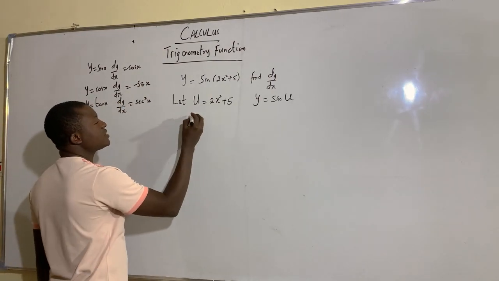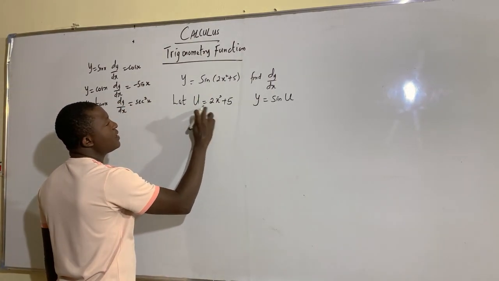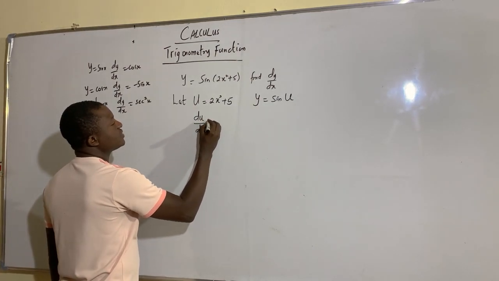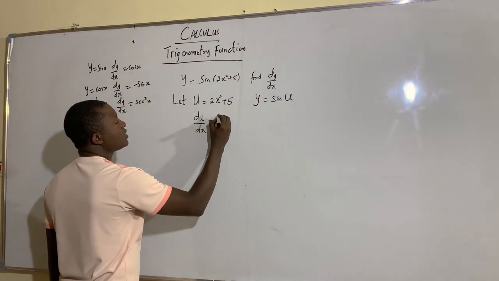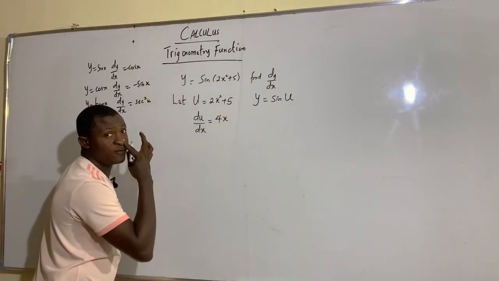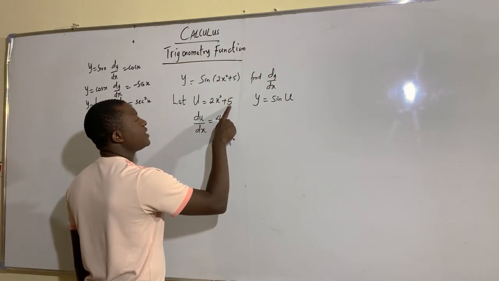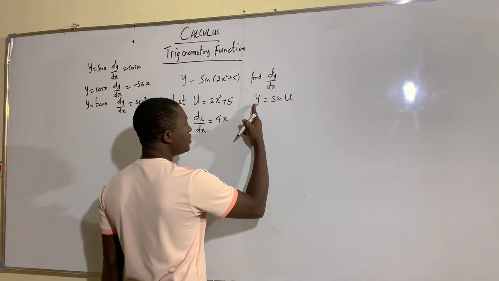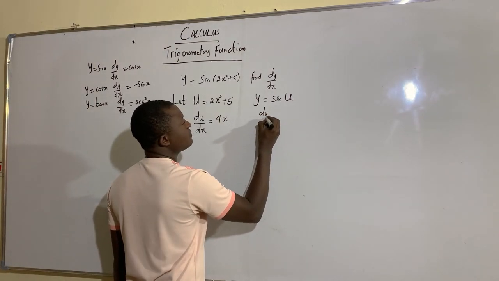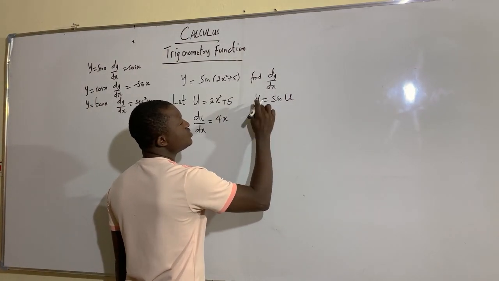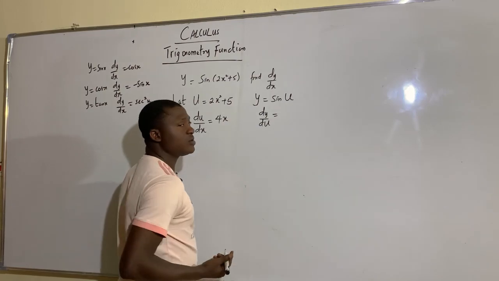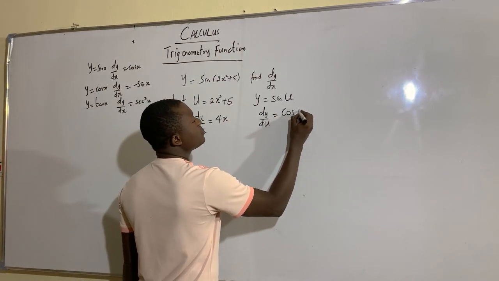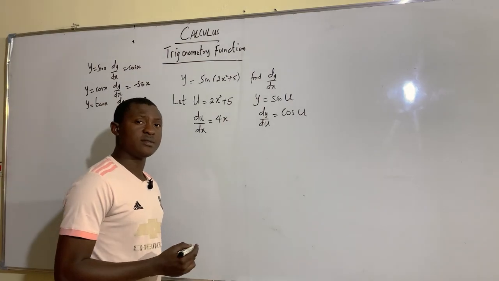So this is u and this is x, and we have du dx equal to the differential of 2x squared, of course, we are going to have 4x, and the differential of 5, that one is nothing but 0. So here we have y and u, that means we have dy all over du equal to the differential of sine u, just like the differential of sine x, that one is nothing but cos u. Get that?